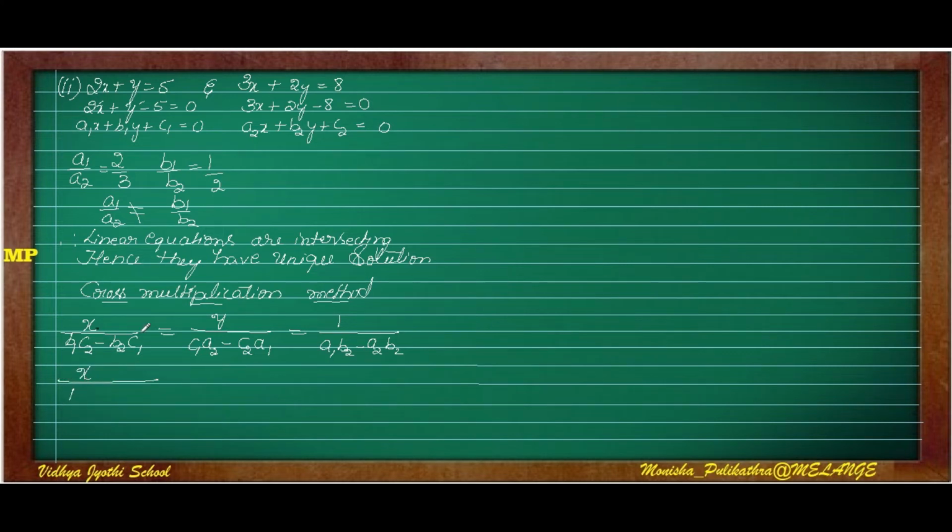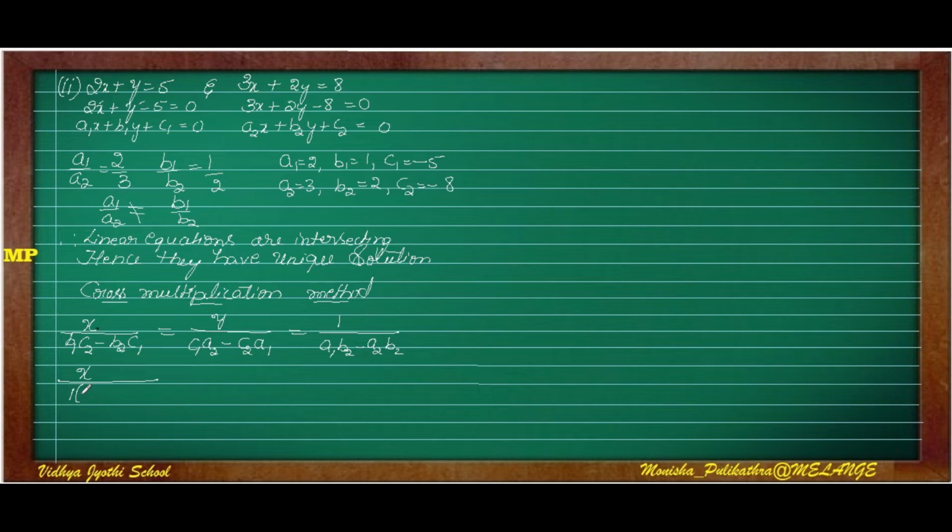So b1 is 1, everything is here. We can write it once again: a1 is equal to 2, b1 is equal to 1 and c1 is equal to minus 5. And here a2 is equal to 3, b2 is equal to 2 and c2 is equal to minus 8. So we have to just substitute it.